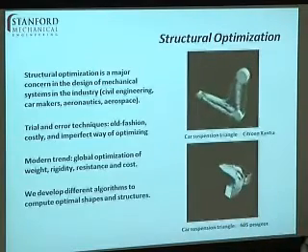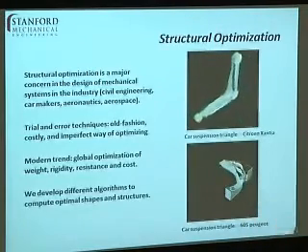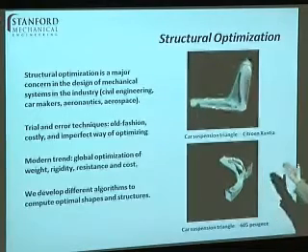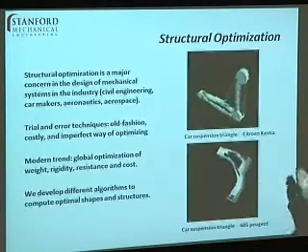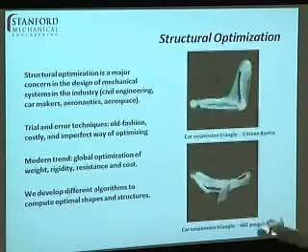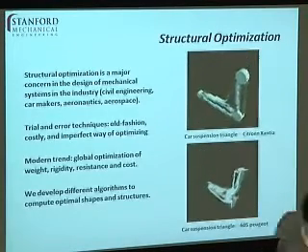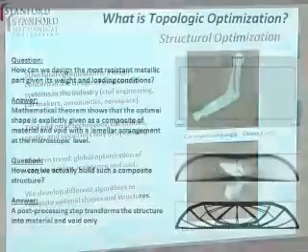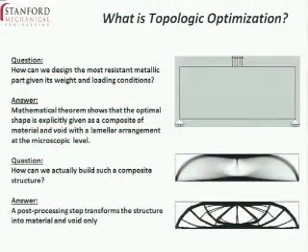The two examples that I have here are a car suspension triangle in two different cars. That was done in France, so these are French cars. Okay, so what is topological optimization?